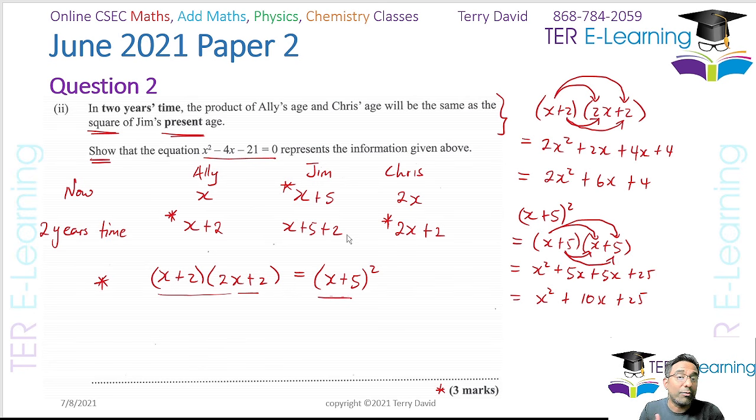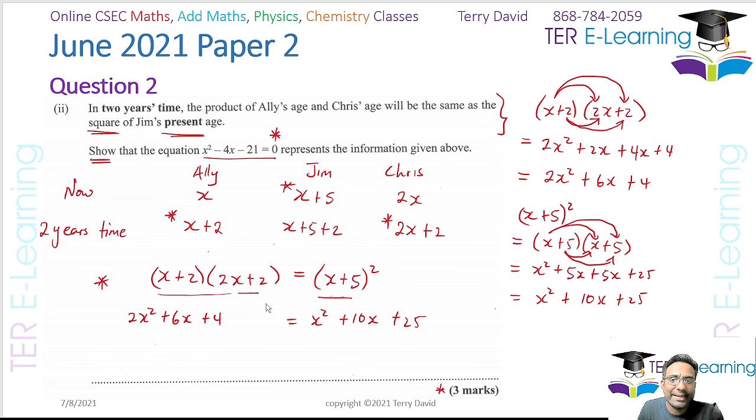So what I've done, I've worked out both sides of the equation. So let me just put in those figures here now. So this is going to be 2x squared plus 6x plus 4 is equal to x squared plus 10x plus 25. Right? So now, remember what we're trying to prove here? We're trying to prove this here. Right? So let's see.